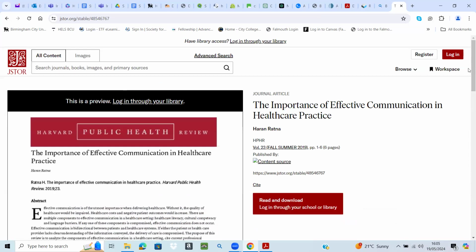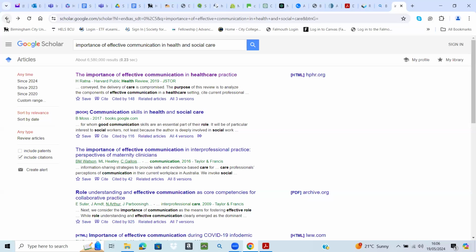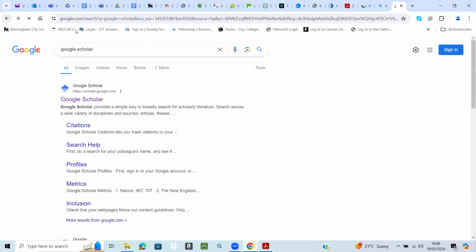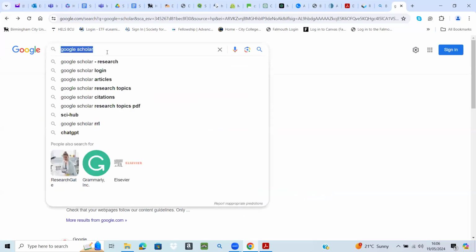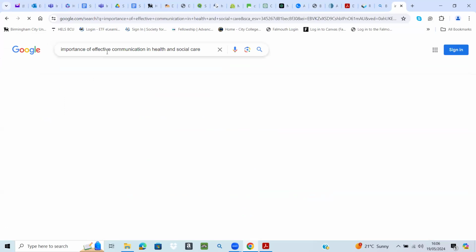Then we'll read this, and we'll rewrite it in our own words. Then we can also copy it. If we simply use Google, for example, then we can paste it here.